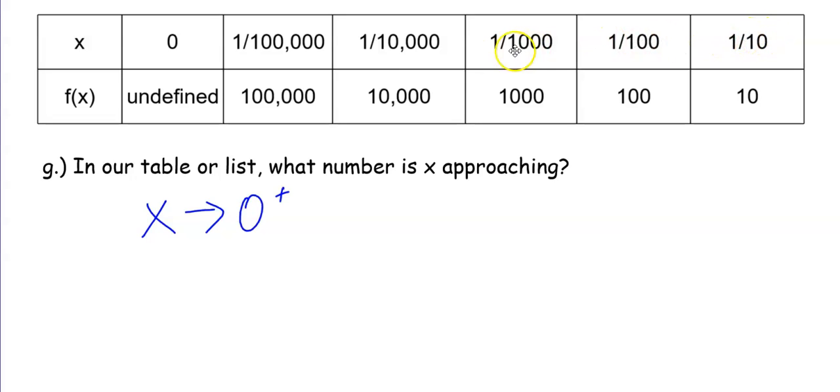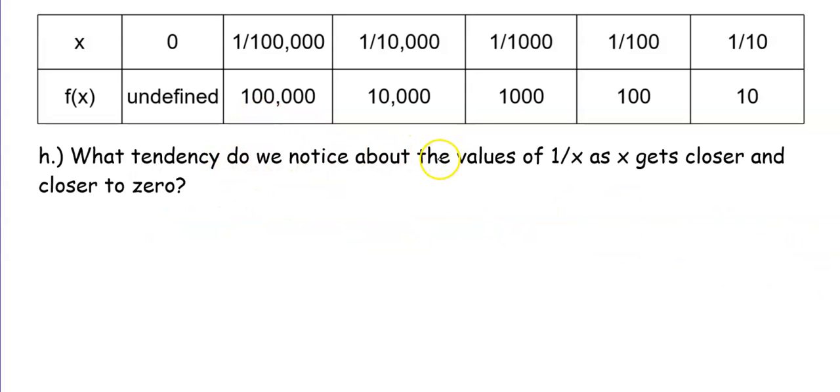Well, what is happening to the value of the function, f of x, or y, as x approaches 0 from the positive side? It is approaching infinity. My fractions of x are going to get smaller, and f of x is going to continue to get larger.